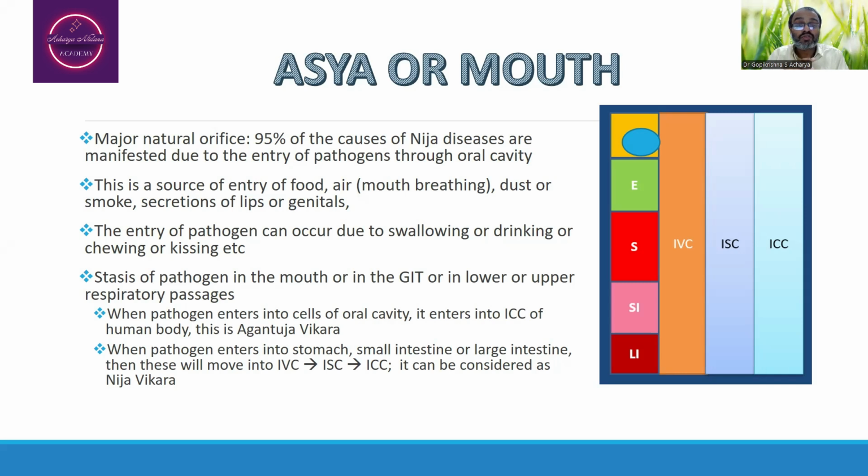This may be a source of entry of food, or there may be a possibility of entry of air during mouth breathing in case of nasal obstruction, etc. There may be a possibility of entry of dust or smoke, specifically if the persons are living in an area where dust and smoke are present, and sometimes secretions of the lips, specifically during kissing, and secretions from the genitals, specifically when the persons are doing cunnilingus or fellatio, or during oral genital stimulations.